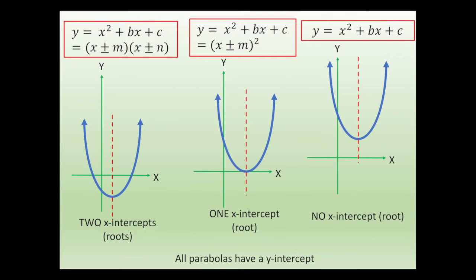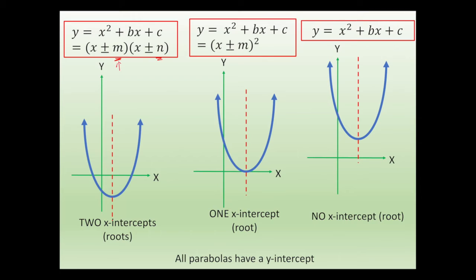Now, let's look at the graph that I showed you earlier, the general sketch. If we have a general form of y equals x squared plus bx plus c, which can be factorized into (x plus or minus m)(x plus or minus n), which means you've got two integers, you know that there are two intercepts.